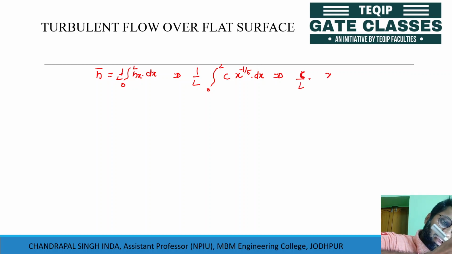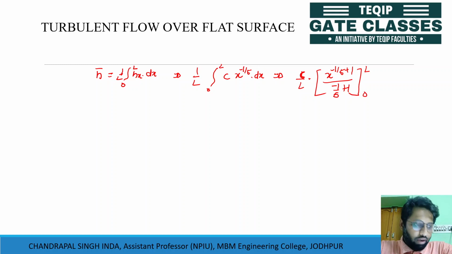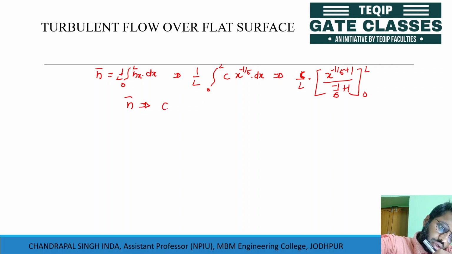So we have c by L multiplied by x raised to minus 1 by 5 plus 1, divided by minus 1 by 5 plus 1, from 0 to length L. This L is the length up to which we have to find the value of the average heat transfer coefficient, and we have h bar equal to c multiplied by x power 4 by 5 divided by 4 by 5.